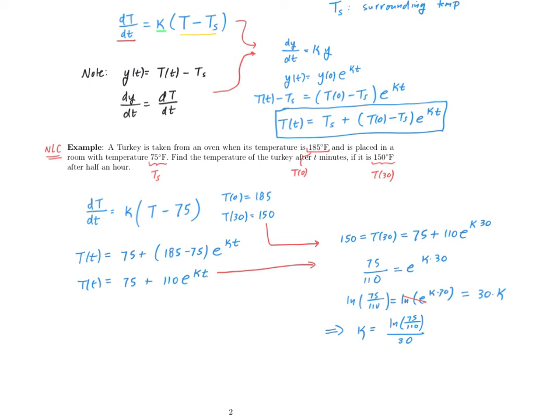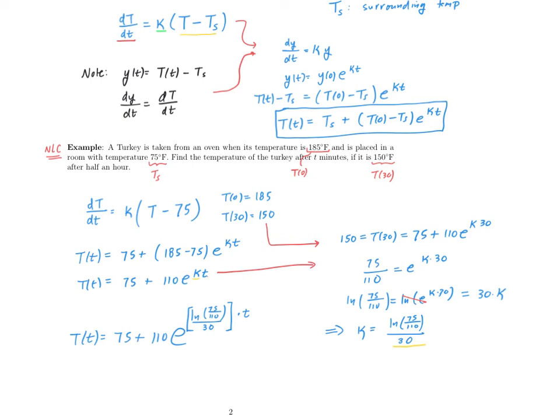And that should do it for us. If we take this number and substitute it back in for k, we have the following formula representing the temperature of the turkey after t minutes. 75 plus 110 e raised to the kt. So k is the natural log of 75 over 110, all divided by 30. And this number is being multiplied by t.